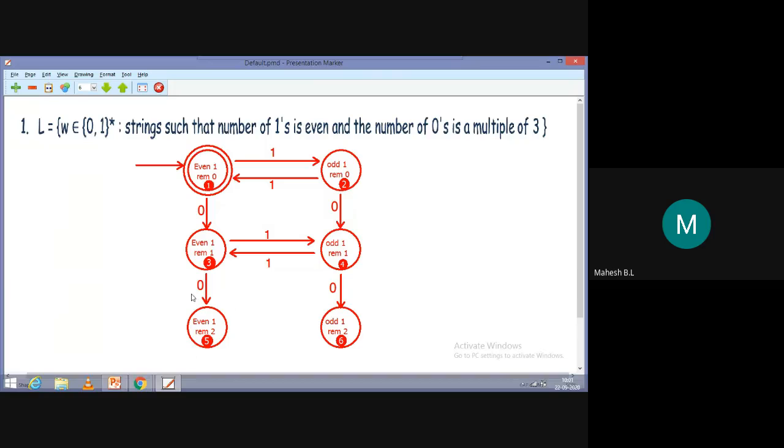Then in state 5, if the input symbol is 0, what is the transition?